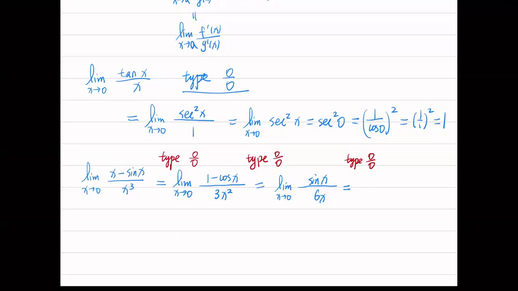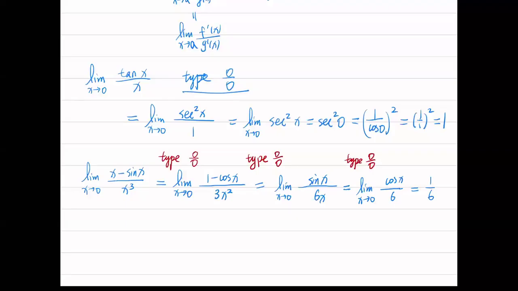Again, let's do it again. Do we plug in this time? Eventually we get something that we can plug in: 1 over 6.